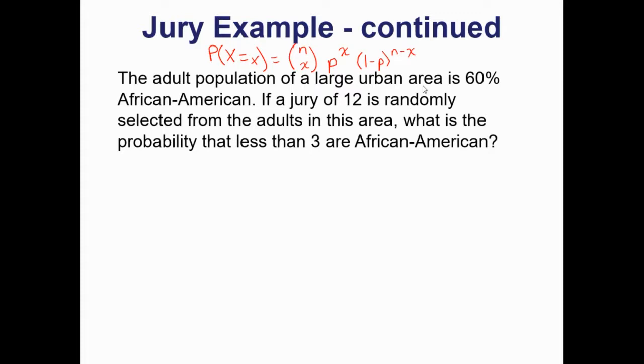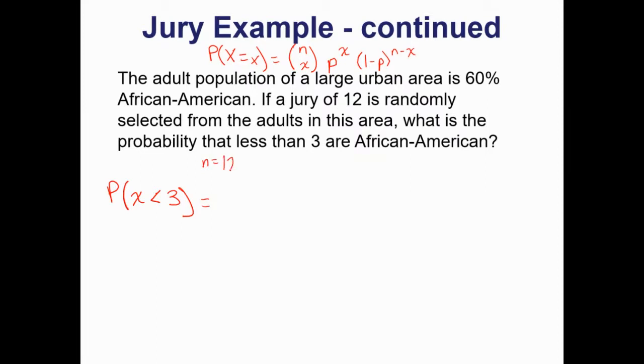Okay, this question says, what's the probability that less than 3 people picked on this jury are African Americans? So it wants to know the probability that x is less than 3. What's our n? How many people are going to be on the jury? 12.